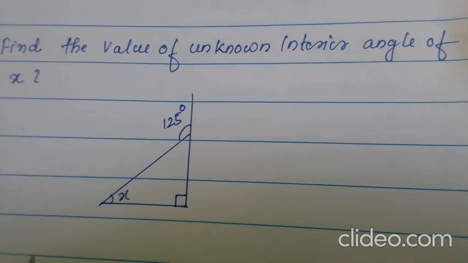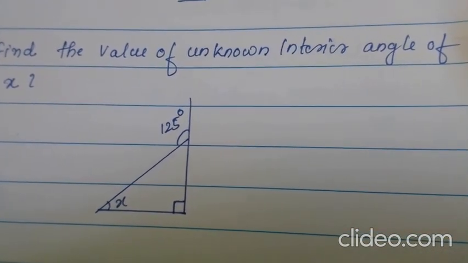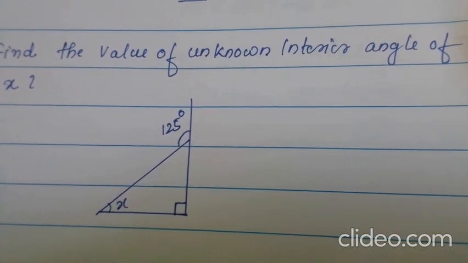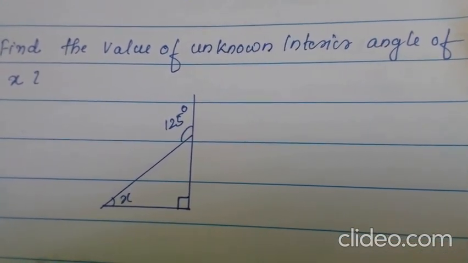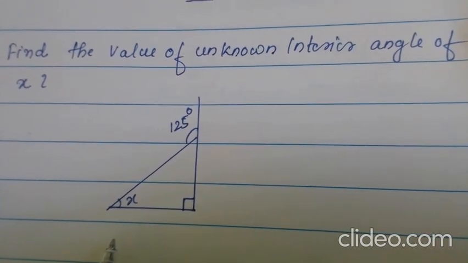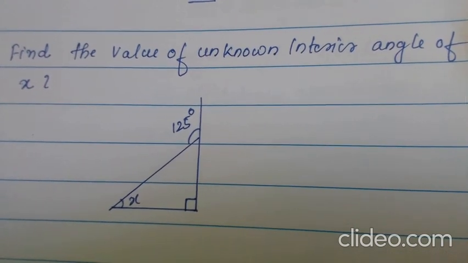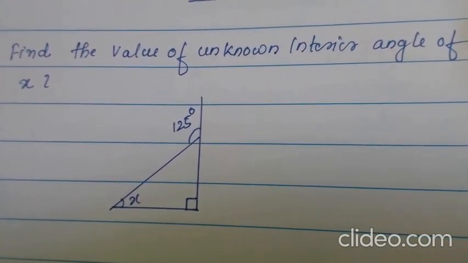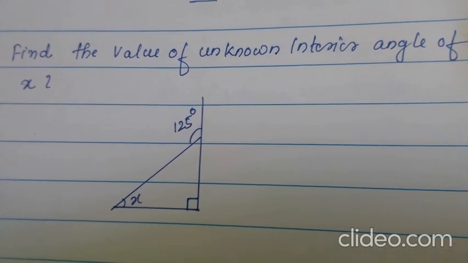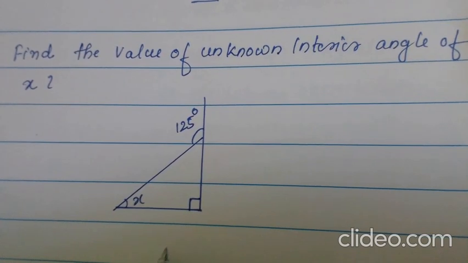Okay, next we will do another question. Find the value of unknown interior angle of x. Here is the figure. What they are given over here. Find the value of x and the external angle they are given over here is 125 degree. And in this figure, did you know which angle is this? This is right angle.